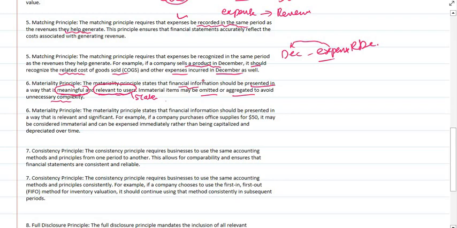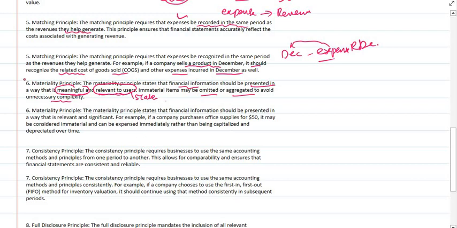concept in this principle is that only significant information should be reported in the financial statement, and this principle allows companies to focus on reporting information that is relevant and useful to the financial statement user. So you have to be careful about that.